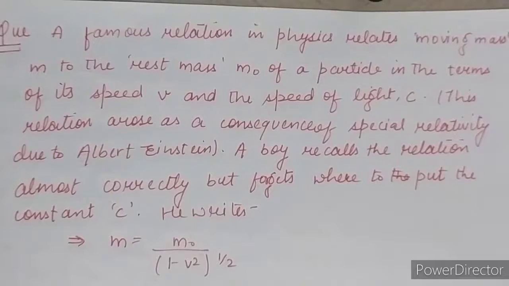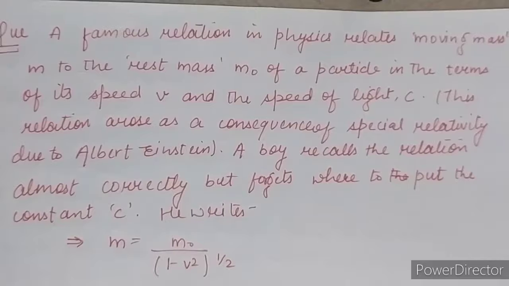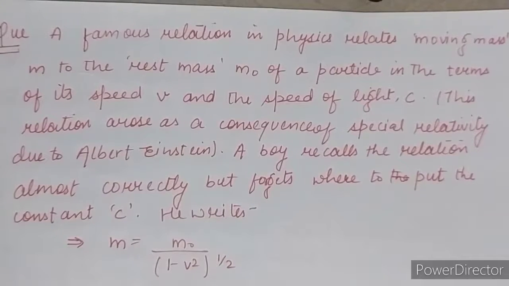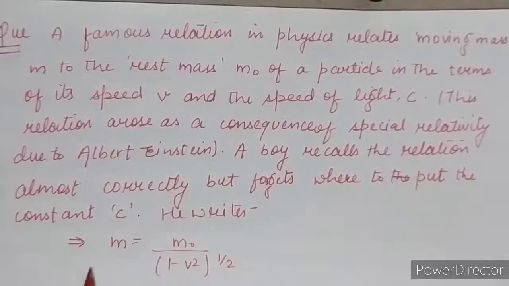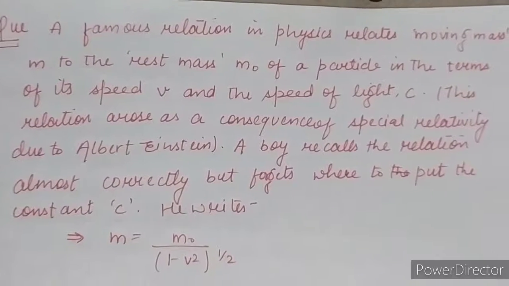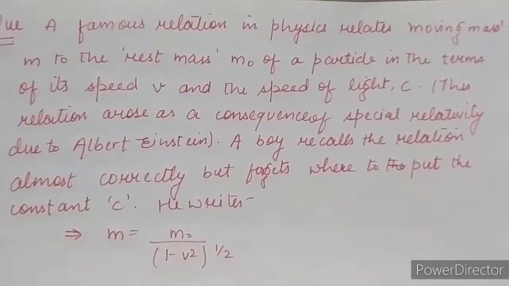He was writing the equation almost correctly, but he forgot to write the value of c, and he wrote the formula like this: m upon m naught, 1 minus v square, to the power 1 by 2.